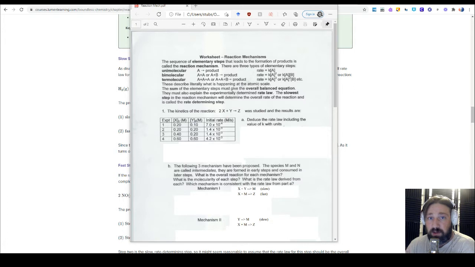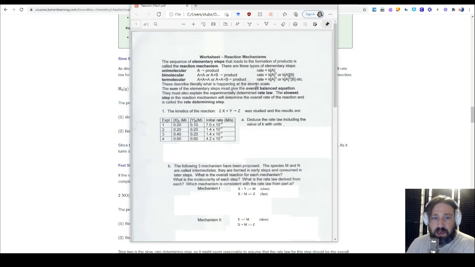Whenever you're looking at elementary steps, at the individual steps there, the coefficients actually do equal the order of the rate law for that elementary step, and then the slow elementary step's rate law is the rate law for the entire reaction. Okay, so we talked about that.